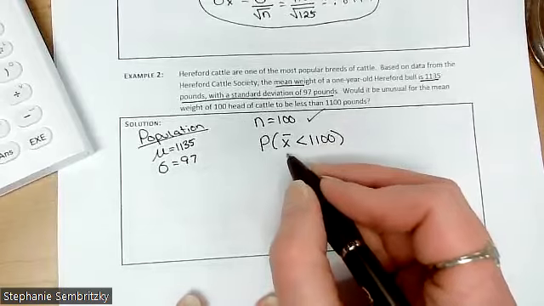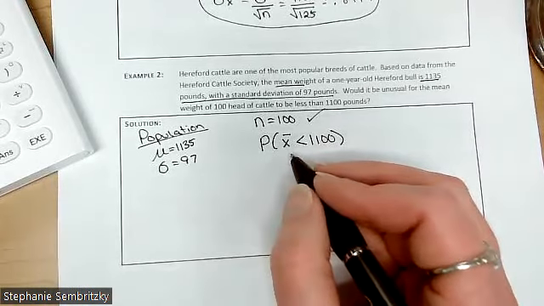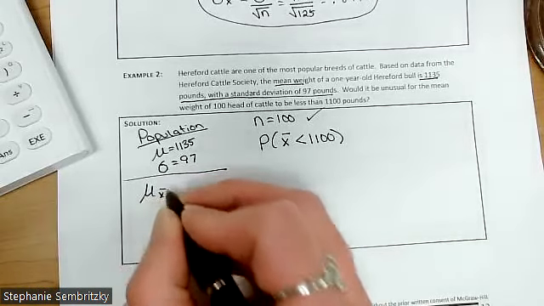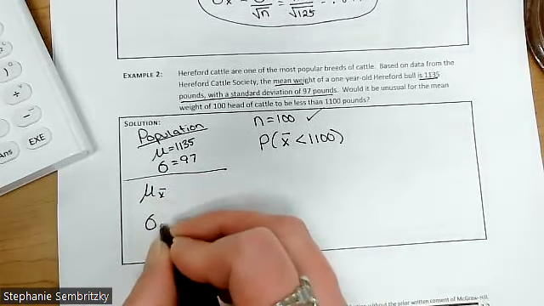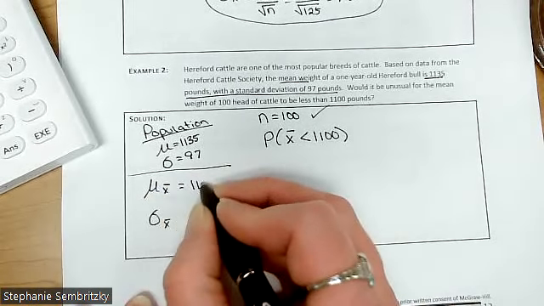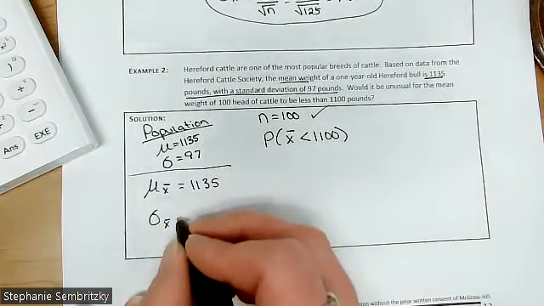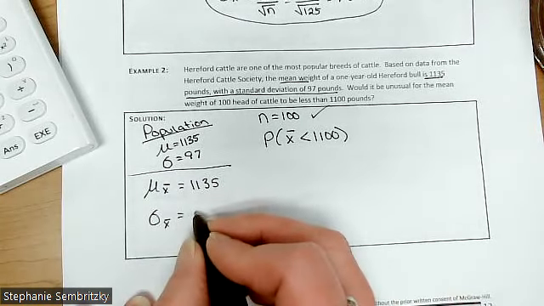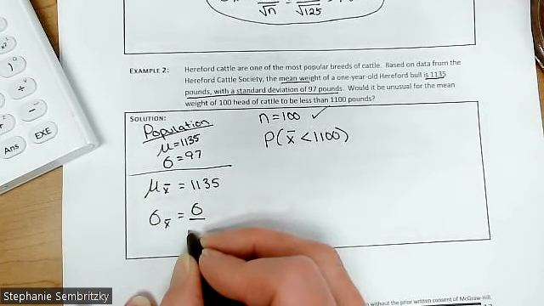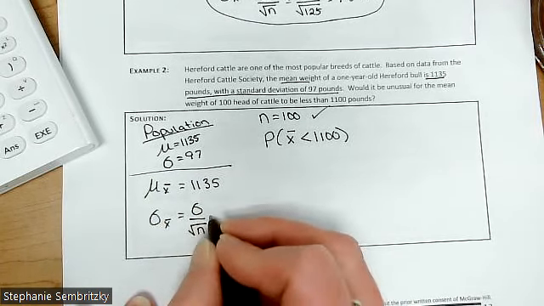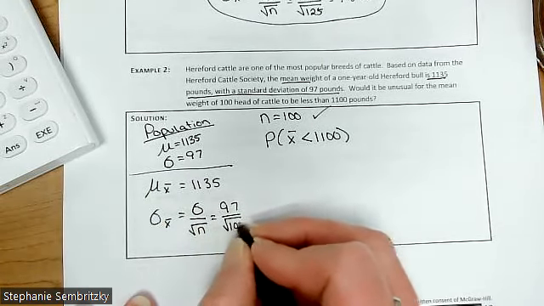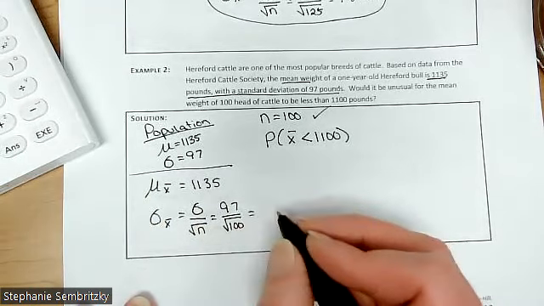Well, to find probabilities for our mean, for our average, we need to know the mean of the means and the standard deviation of the means. Well, mean of the means is just the mean. Simple duty. And standard deviation of the mean is the standard deviation divided by the square root of n. I believe that's 9.7.